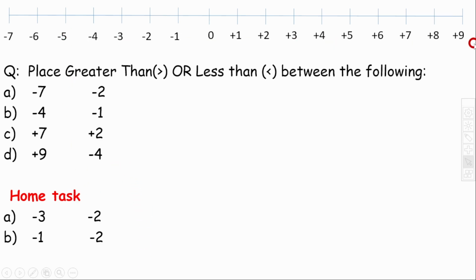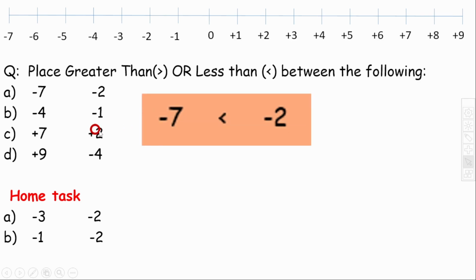Using this same number line, place the greater than or less than sign between each of the following pairs of numbers. Minus 7, we are trying to compare minus 7 and minus 2. Which is the greater? Is it greater than sign or the less than sign? You have to put it in between. Now for the first question, minus 7 and minus 2, minus 7 is actually less than minus 2.